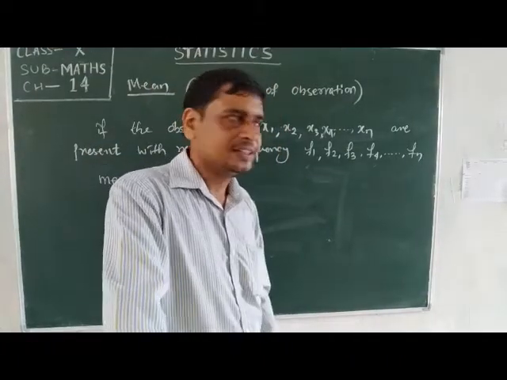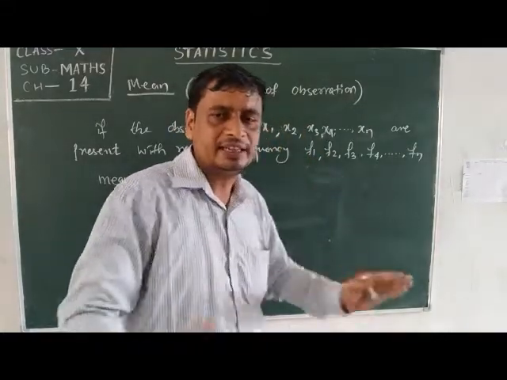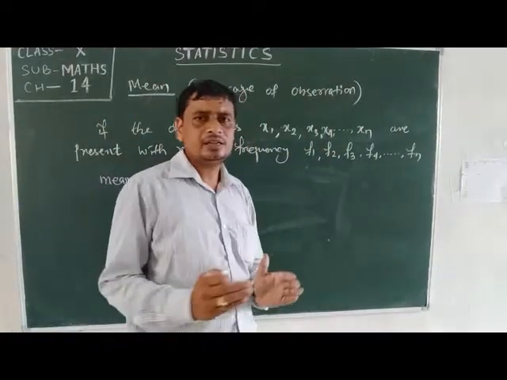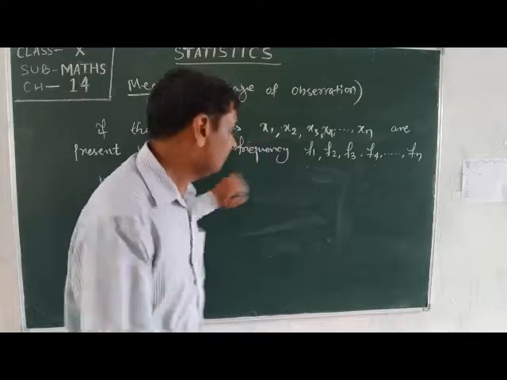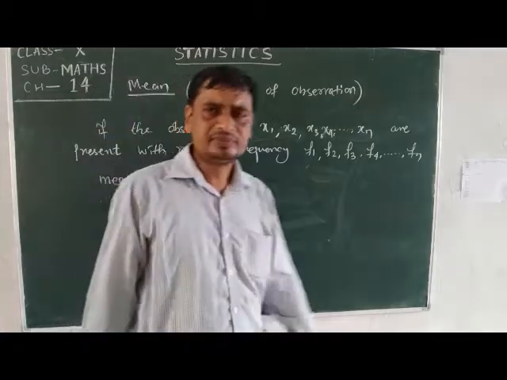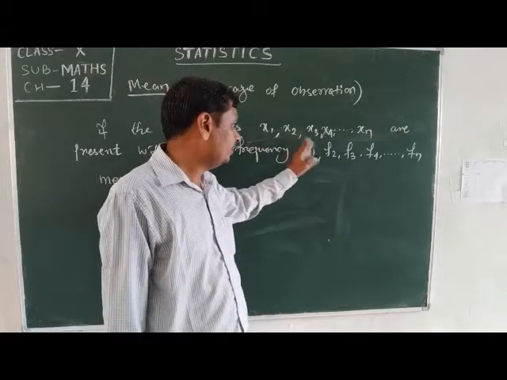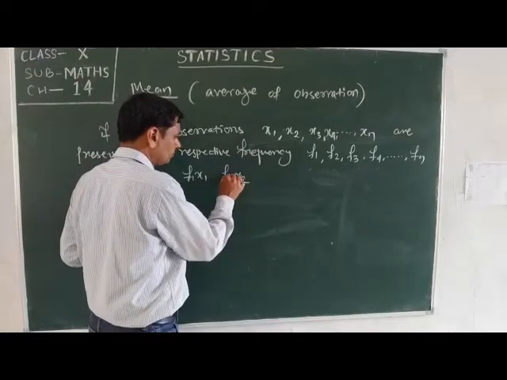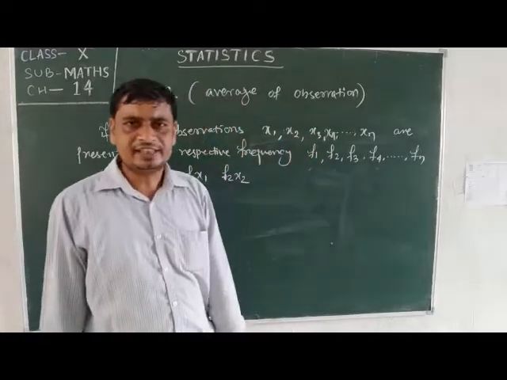Then we have to add the product f1 x1, because if x1 is present f1 times, then the product of f1 and x1 will give the sum of all the x1 there. This f1 x1 gives the result of the summation of all the x1. Similarly, the product of f2 and x2 gives the sum of all the x2 present in the data.